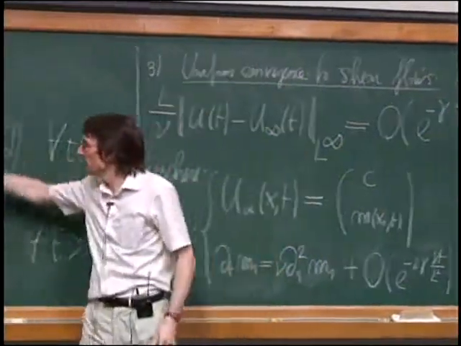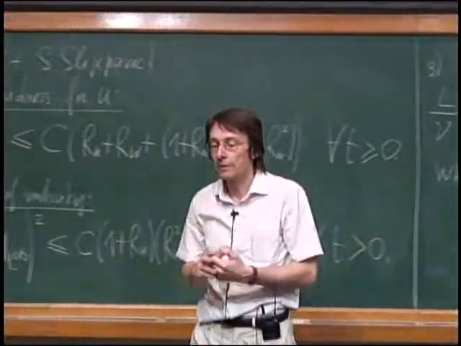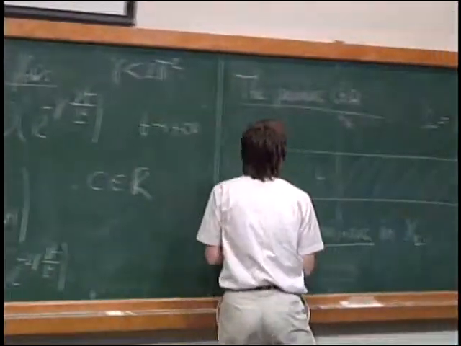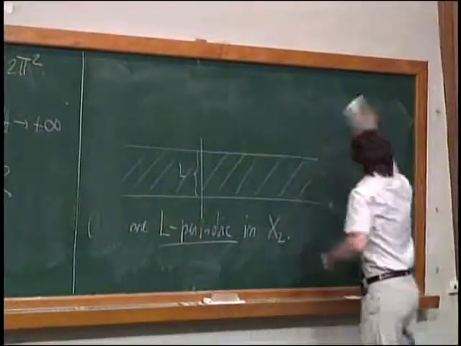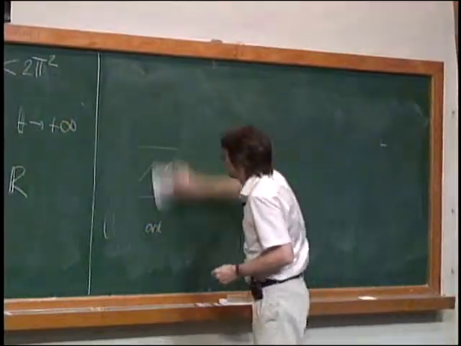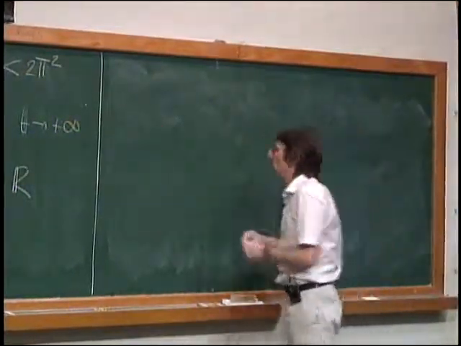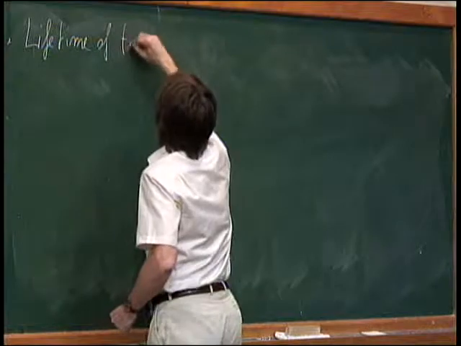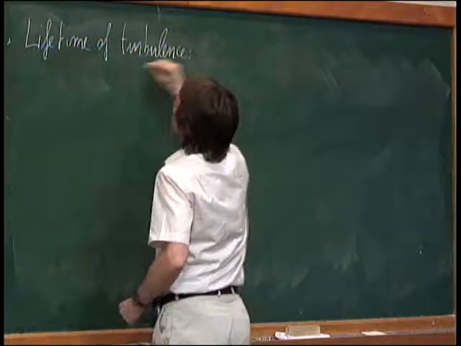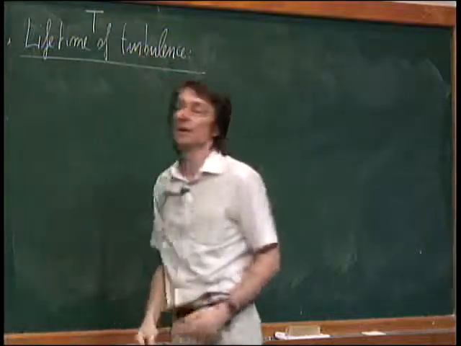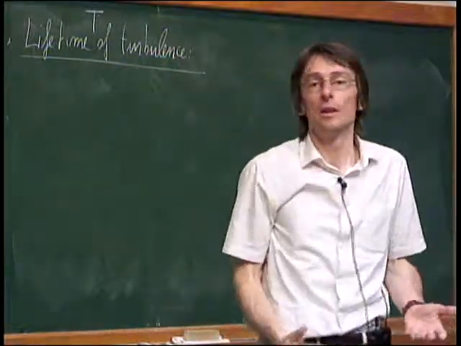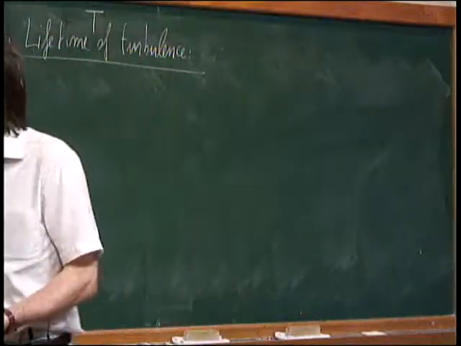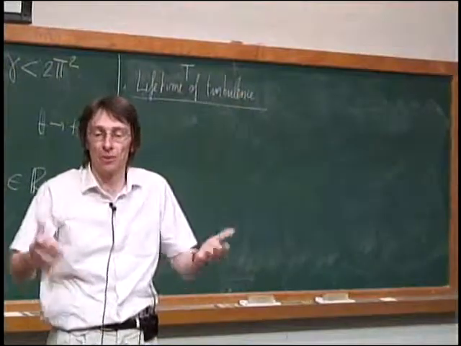But since my estimates are completely explicit, I can tell you what is the lifetime of the turbulent period. Maybe I can erase this cylinder here and draw a few conclusions about this result, some comments. The first thing we can say is we can estimate the lifetime of turbulence in this case. And this lifetime, let me call it capital T, is of course not defined uniquely, because it's from the initial data up to the point where the vorticity is sufficiently small, and how small is, of course, your choice.